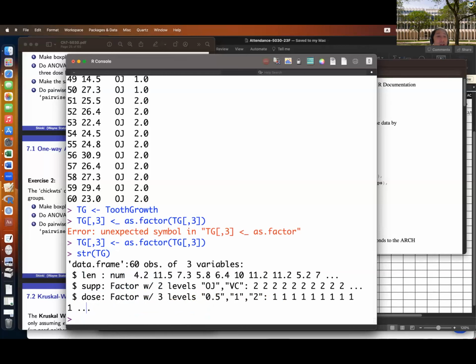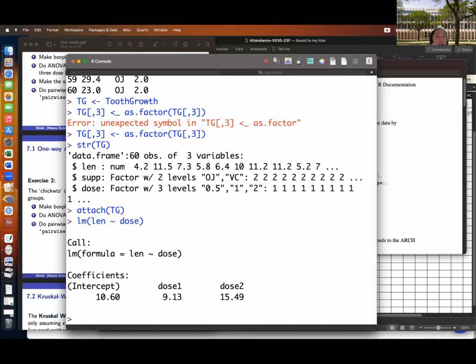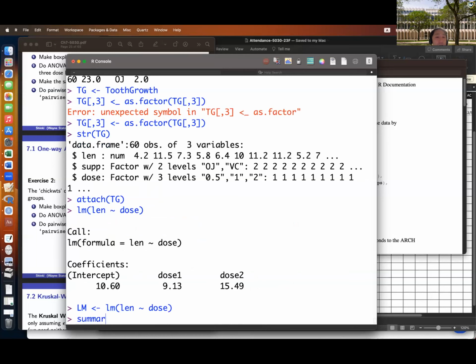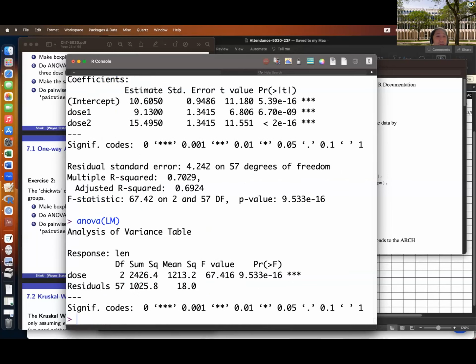We can attach TG, then fit the length on those levels, and look at, for example, the summary or the ANOVA of this fit.